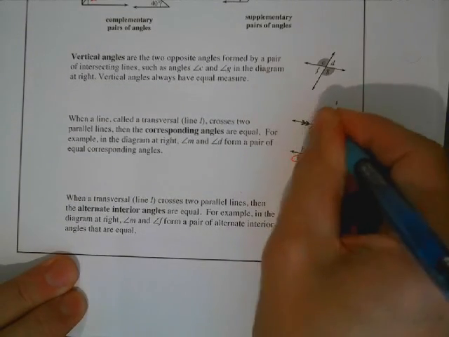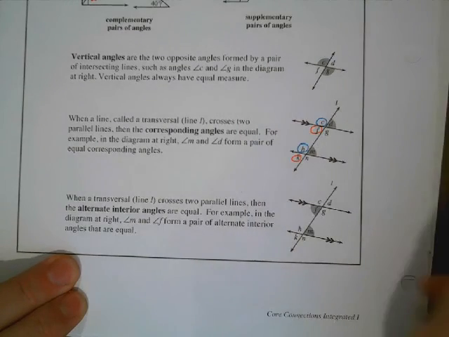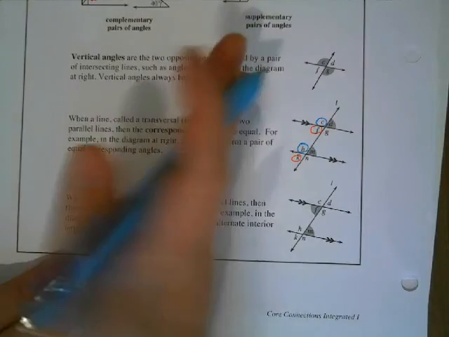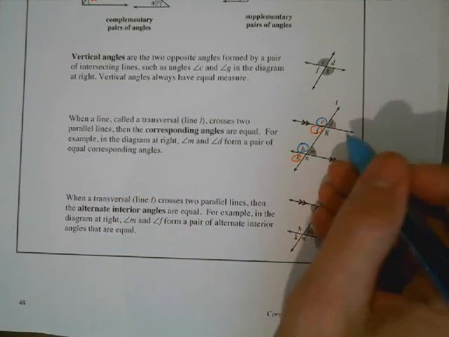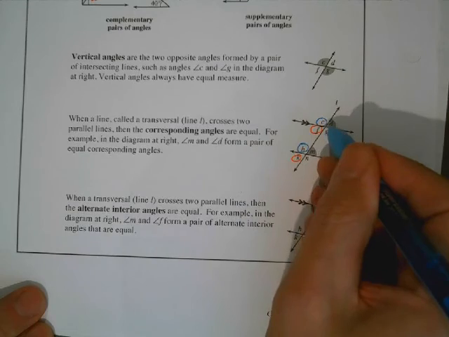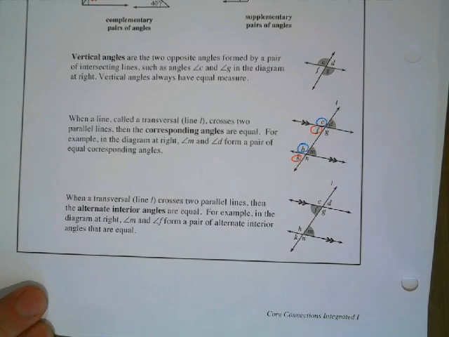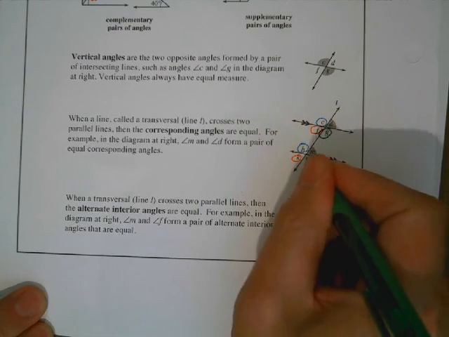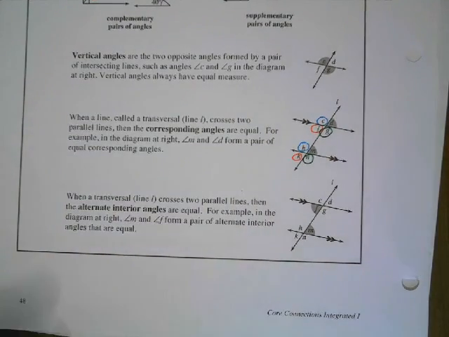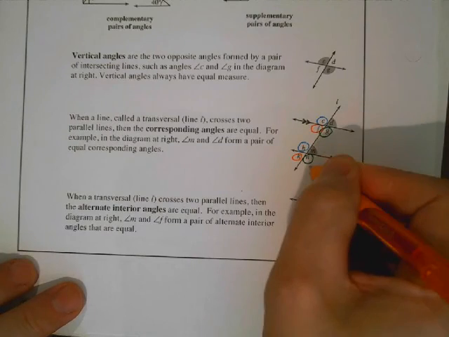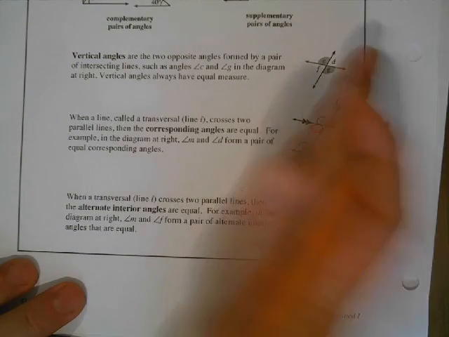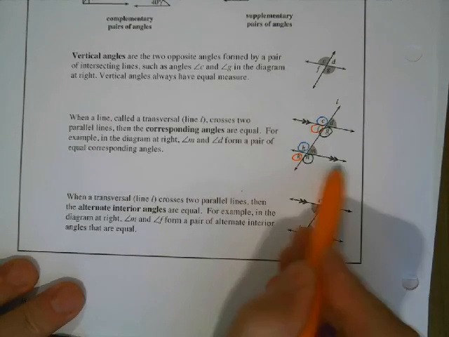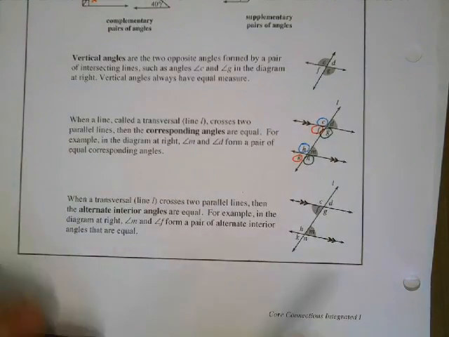C and H would also be corresponding angles because they're on the same side of the transversal, and C is on the outside and H is on the inside. And then G and N would also be corresponding angles because G is on the inside, N is on the outside, and they're on the same side of the transversal. That means they would be congruent. So if the lines are parallel, those angles are congruent.